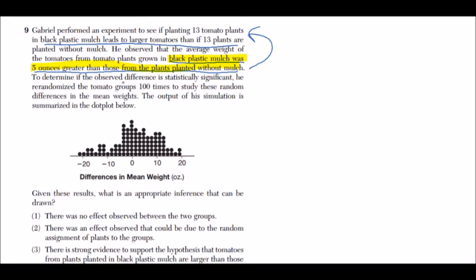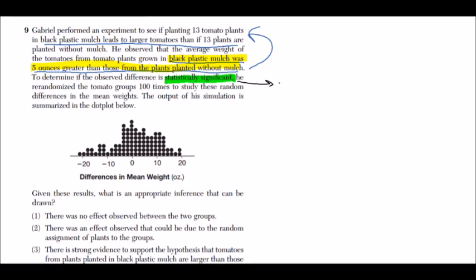To determine if the observed difference is statistically significant, he re-randomized the tomato groups 100 times to study these random differences in the mean weights. Okay, this is really, really important here. Statistically significant.